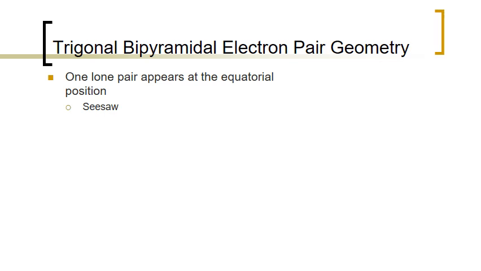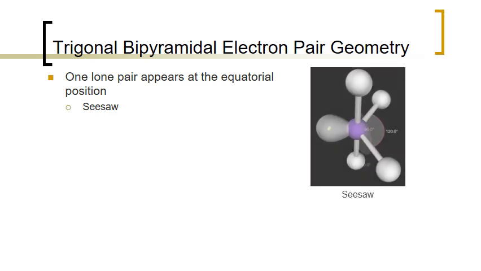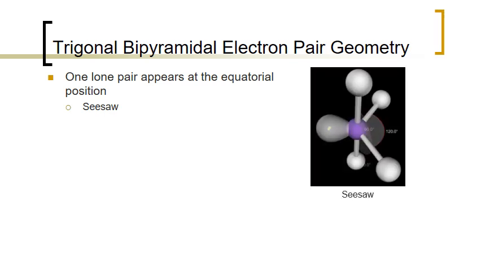One lone pair appears at the equatorial position, and we call this structure seesaw. Notice that the equator position has 120 degrees to roam. Those electrons want to be as far apart as possible. That's why the lone pairs are at the equator and not at the 90-degree axis.